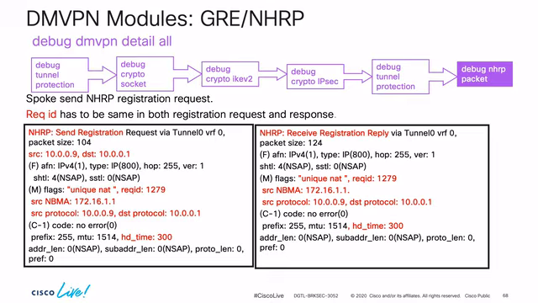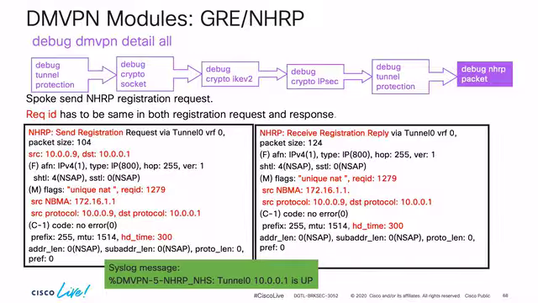What is important here, if we want to follow the registration request and check if we have got a registration reply from the hub, is the request ID. The request ID for a registration request needs to be the same in the registration reply also. This is how we can map a registration request with a registration reply on the spoke.